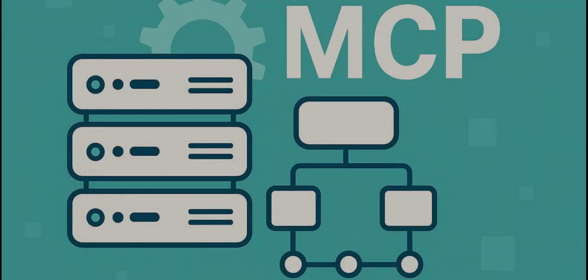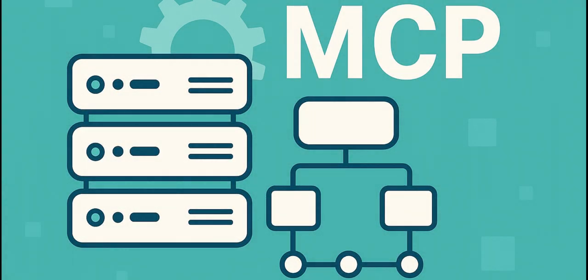But before we get to the demo, I should explain what MCP actually means. MCP stands for Model Context Protocol, and it's a universal way for AIs, LLMs like ChatGPT or Google's Gemini or Anthropic's Claude, to connect to the outside world.